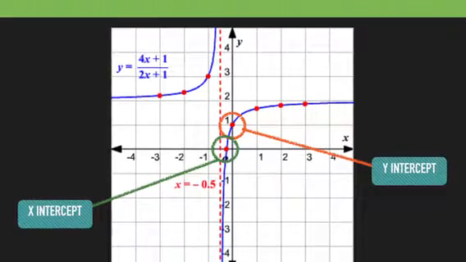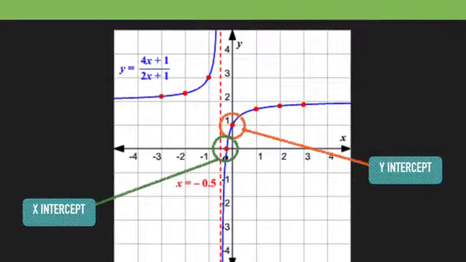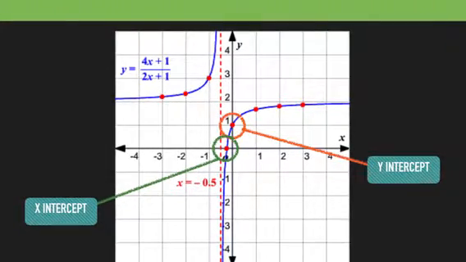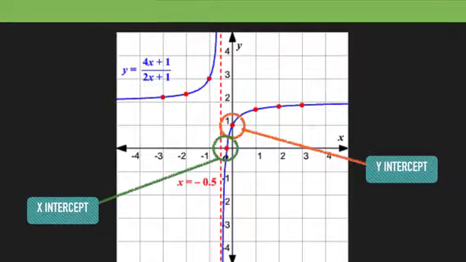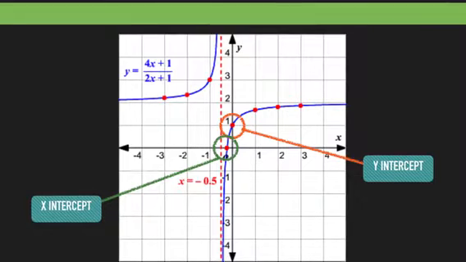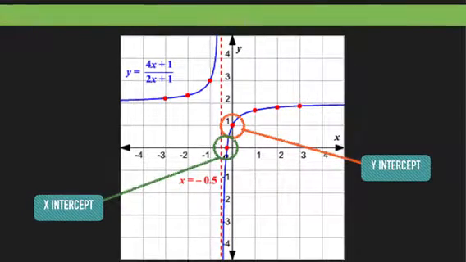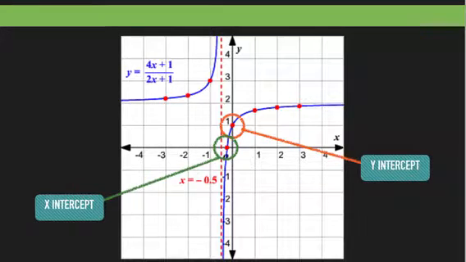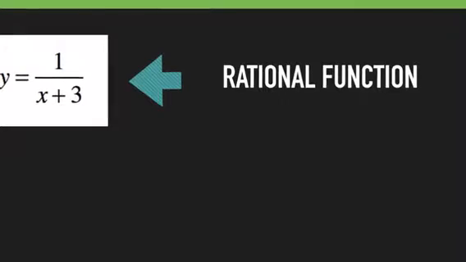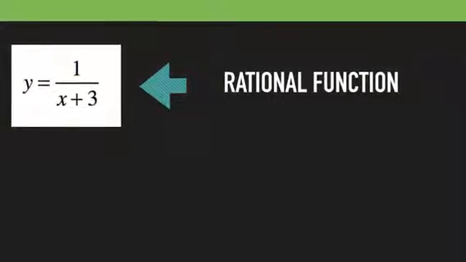Here in the table you can see the orange circle encircles the y-intercept, which is where this blue line touches the graph in the y-axis, and the green one is the x-intercept, which is where the blue line touches the x-axis. Now we're going to talk about how to get the domain in a rational function.